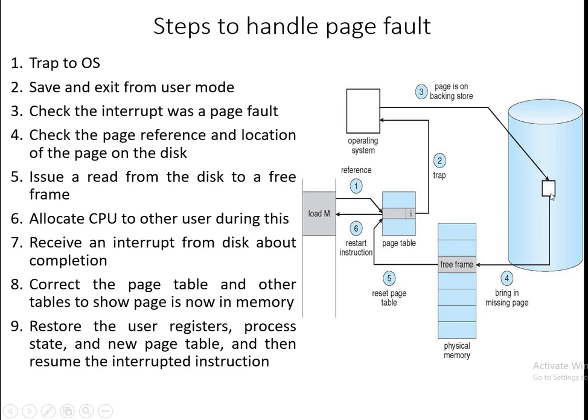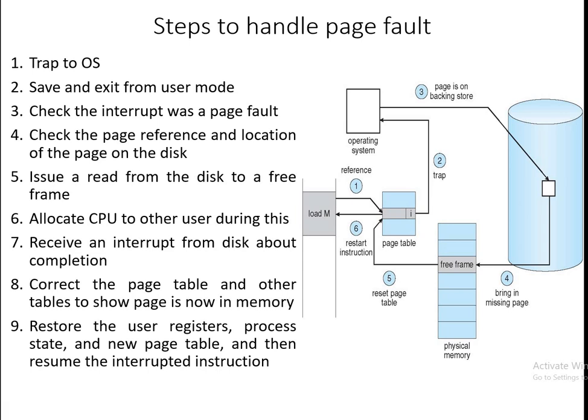Once the data has moved from the hard disk to the free frame, the signal goes to the page table, which contains the address of the frame table. It will reset the page table and fill in the frame number at which the new information has been stored, and at the same time the invalid bit will be changed to the valid bit by setting it equal to 1.